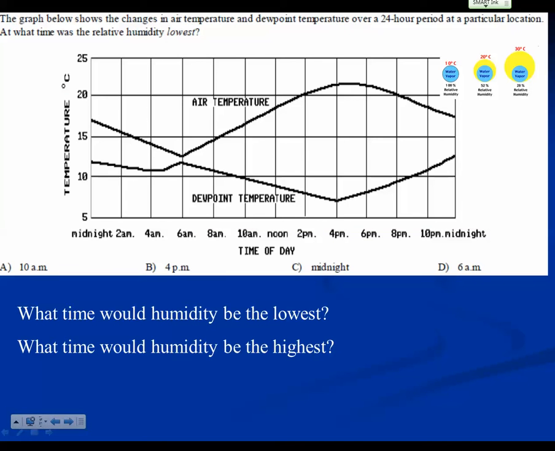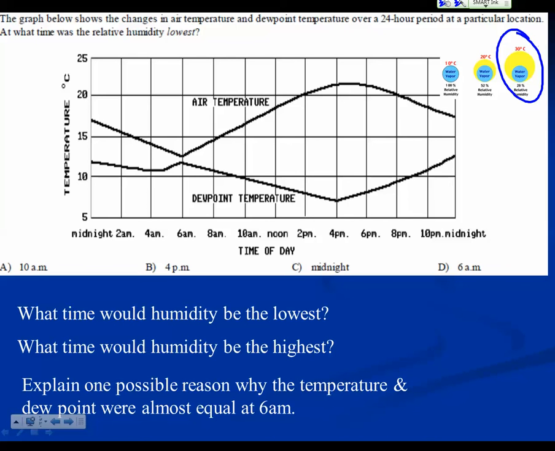All right, here's a question you might see. The graph below shows the changes in air temperature and dew point temperature over a 24-hour period at a particular location. At what time was the relative humidity lowest? Now remember, relative humidity is the measure of the percentage of water vapor in the air at that temperature. And remember, it's very low when that blue circle and that yellow circle are nowhere near the same size.